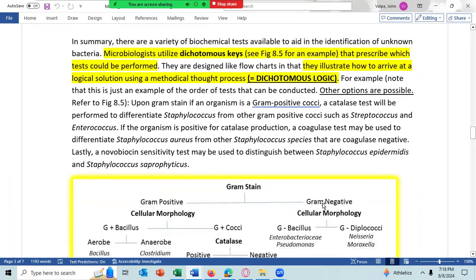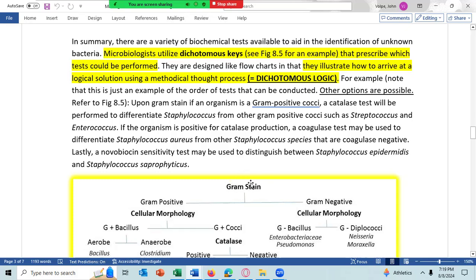There we go. Microbiologists use dichotomous keys to help them identify a species. Dichotomous keys illustrate how to arrive at a logical solution using a methodological process called dichotomous logic, where you have all organisms under consideration, and then you do the Gram stain.